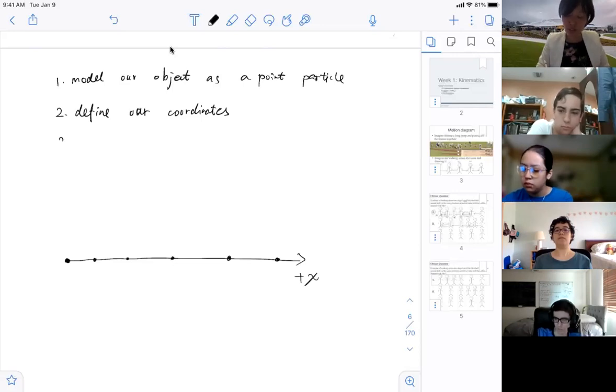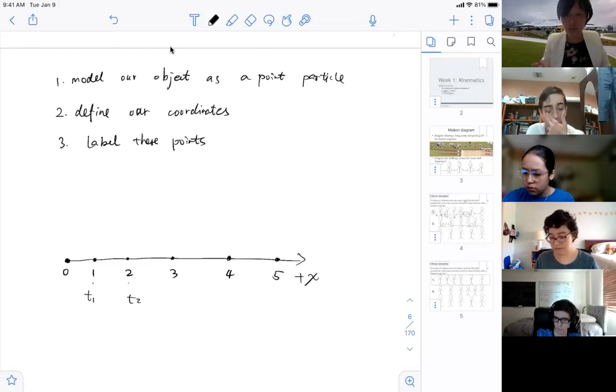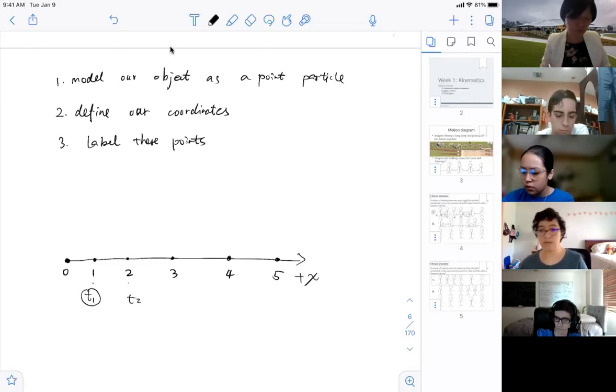Then you want to label these points as the first event, the second event, the third. So you can say 0, 1, 2, 3, 4, 5. The first point, the second, time equals 1 point. Sometimes we call it T1, T2. Then it may not necessarily be 1 second. It's just a particular time that you choose to look at the particle.